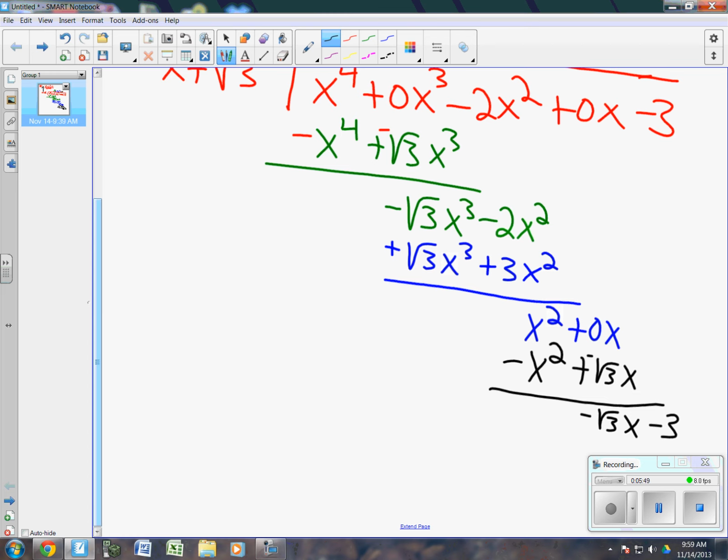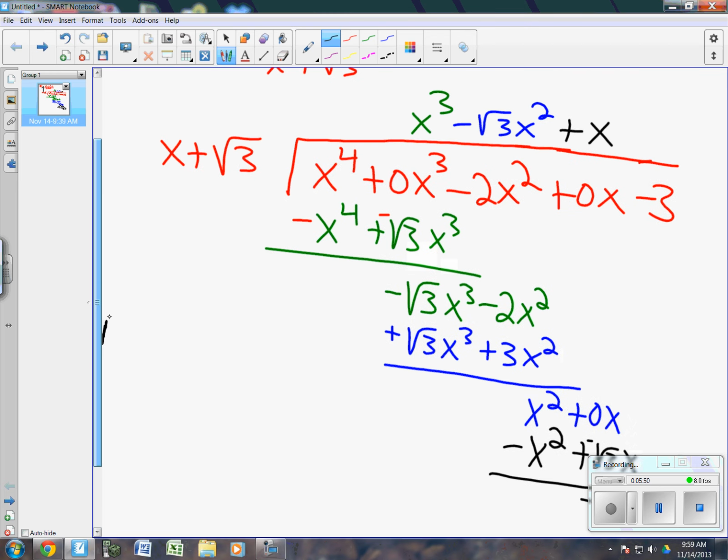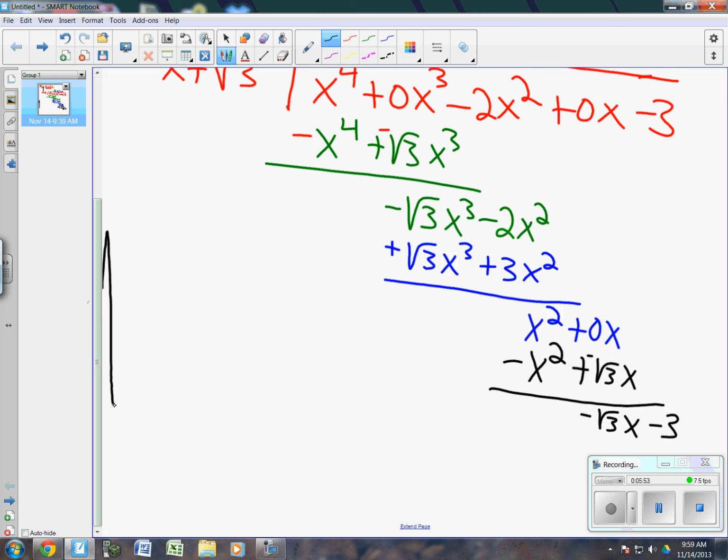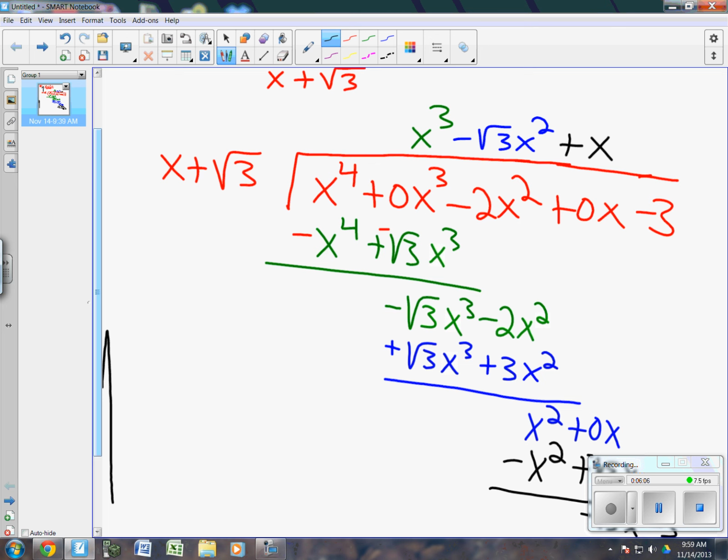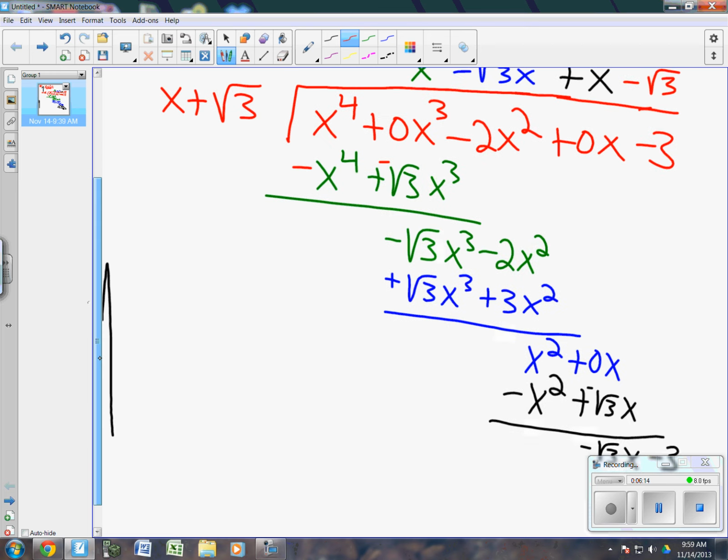This is the last one. What do I times x plus the square root of 3 by? What do I times x by? I times it by the negative square root of 3. Okay, so I got to go back up here. Put negative square root of 3. And I times it by x plus the square root of 3.